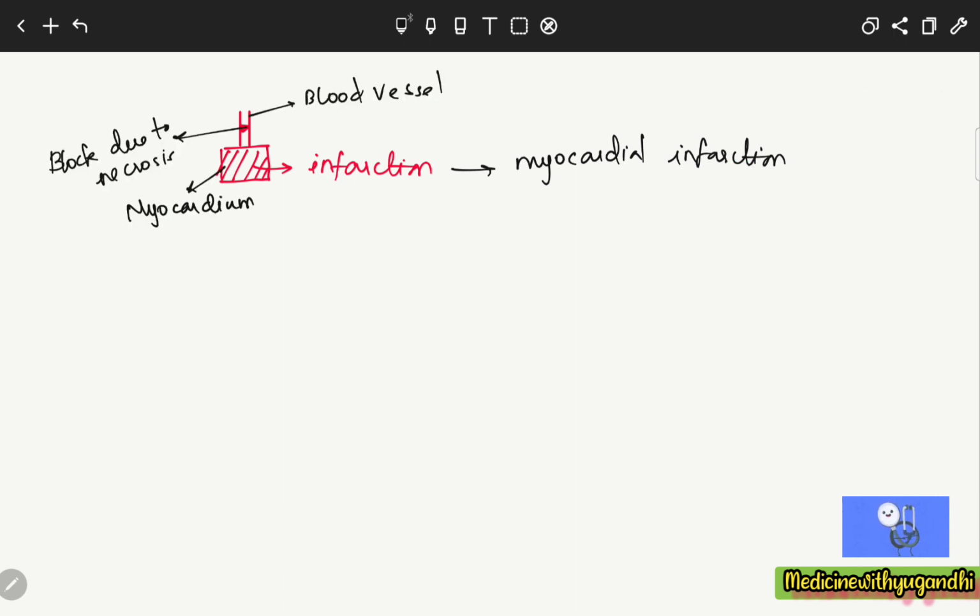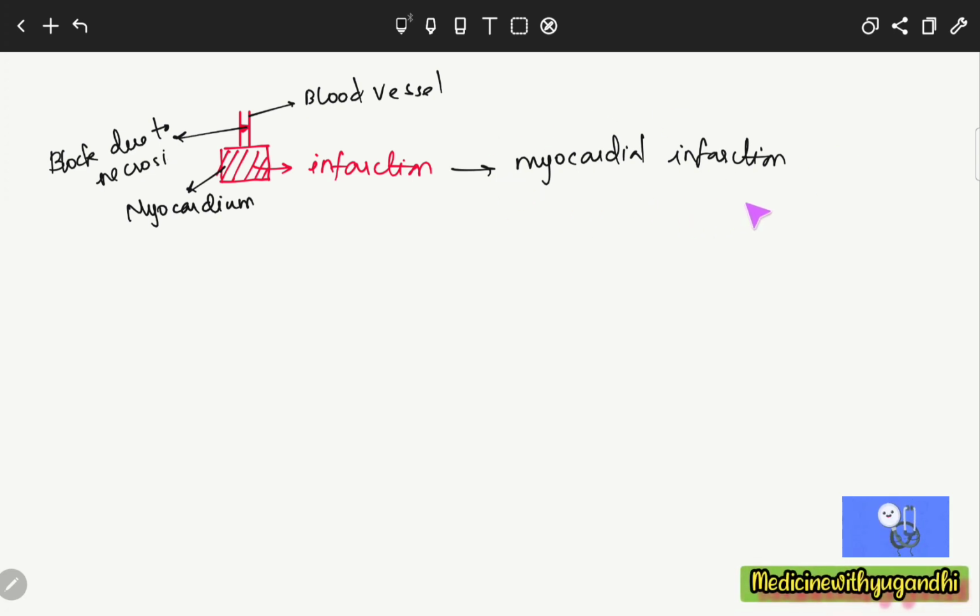So, let me again repeat. This is the blood vessel which is blocked, which supplies the particular part of the myocardium. As a result, this part of the myocardium undergoes infarction, and it is clinically called myocardial infarction.